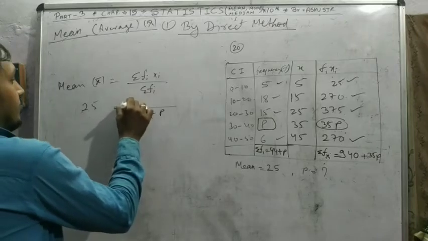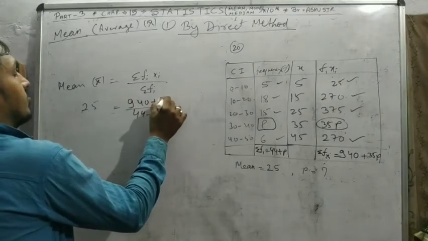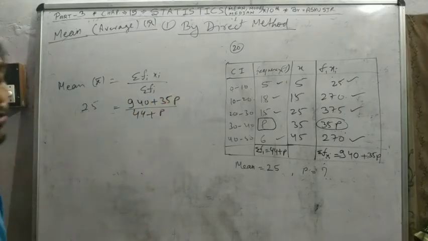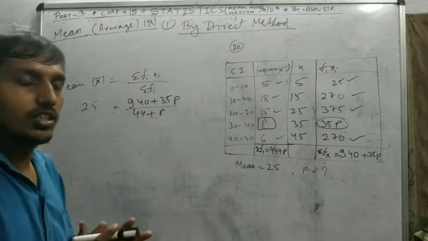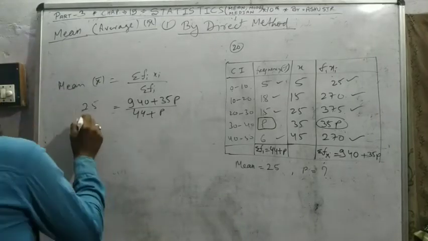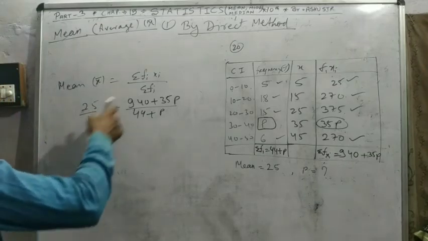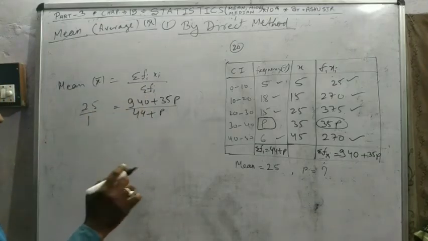Any problem in this step? First you see all this. Then solve it by cross multiplying, then simple equation solving.